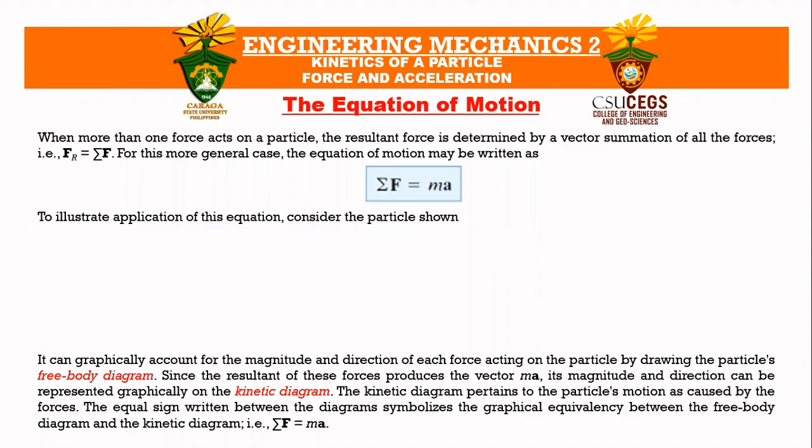This is the same as what we discussed last time, which is that the force is equal to the product of the mass times the acceleration, which refers to Newton's second law of motion. So in this one, the summation of all forces acting on the particle is equal to the mass times the acceleration.